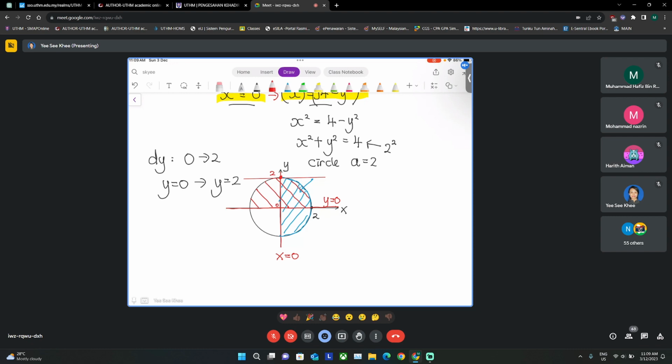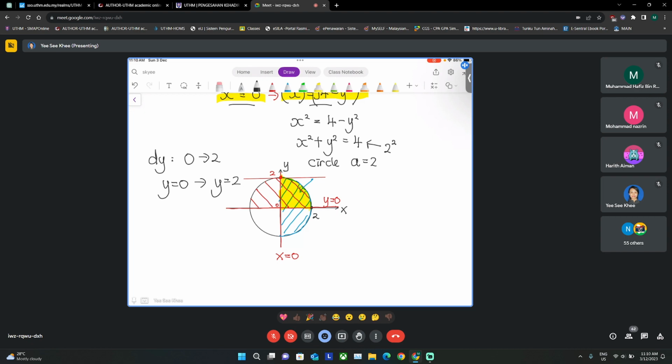After you consider the dx and also the dy, you will pick this region, because this is the overlapping region that fulfills the dx and also the dy. You pick these yellow regions.